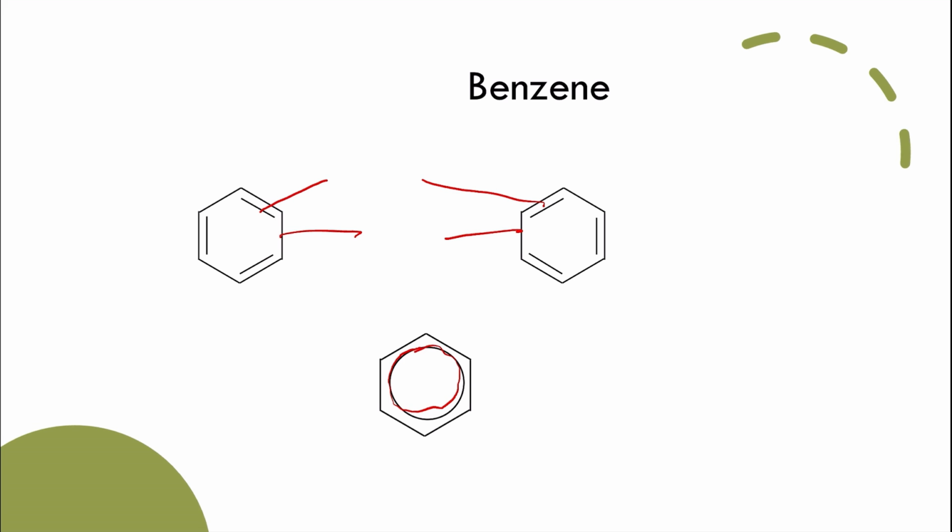So this circle in the middle of the hexagonal ring represents the delocalized electrons, which means there is an electron cloud that is actually rotating between all the 6 carbons without an actual sigma bond or single bond and double bond.